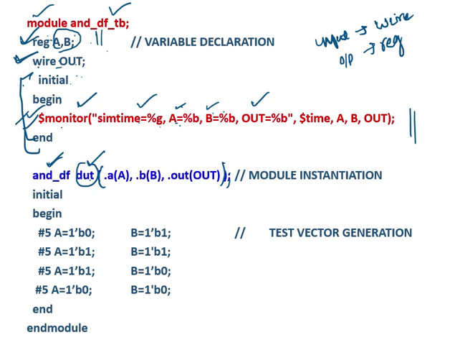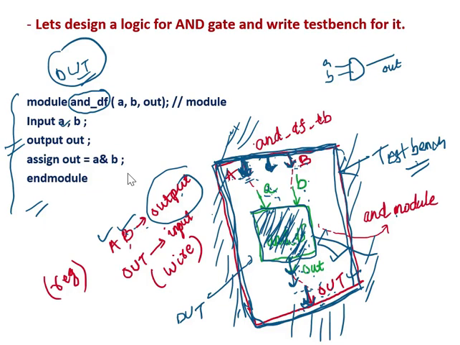Okay, this A inside the parenthesis, B inside the parenthesis, out inside the parenthesis. This A, B and out come from here. Whatever is written inside the parenthesis, this capital A, capital B and capital out has to be from this module, this one, A, B and out. And this outside part is dot A, dot B and dot out. This signal has to be from your design. You should not change this one.